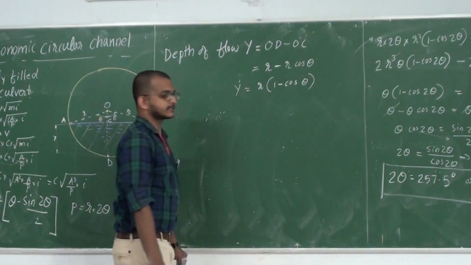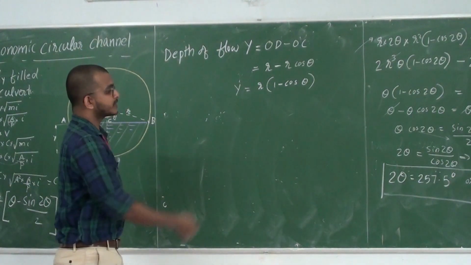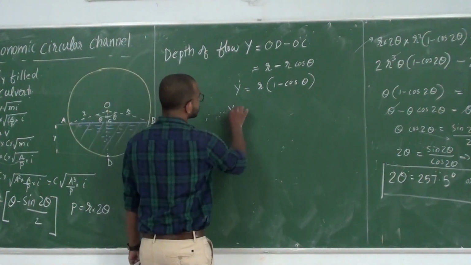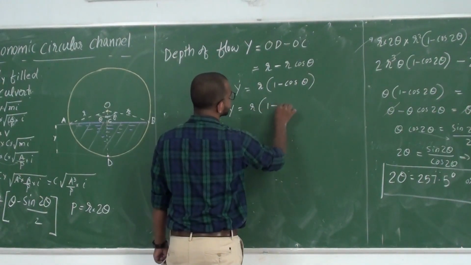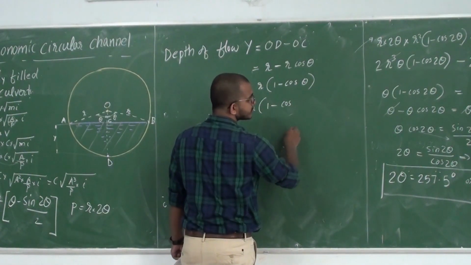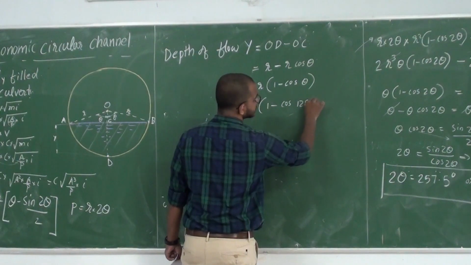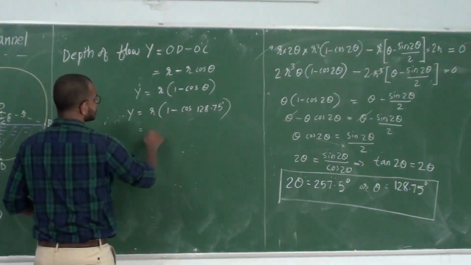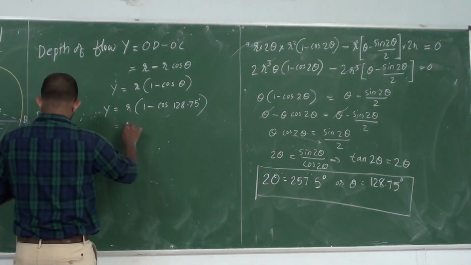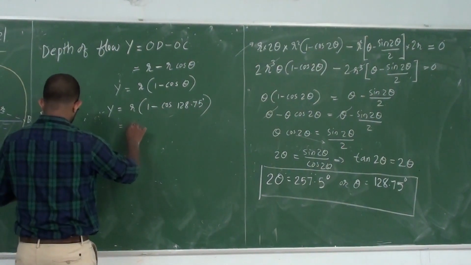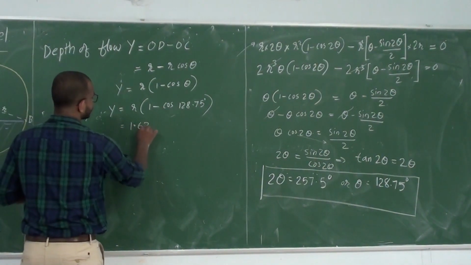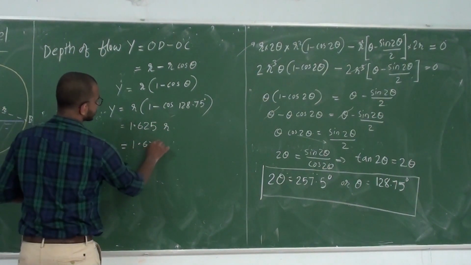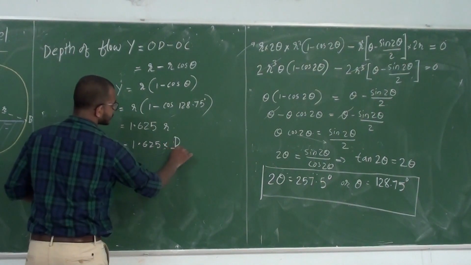So we know that theta is equal to 128.75 degree in order to get the maximum velocity. So y is equal to R into 1 minus cos 128.75 degree. This will yield 1.625 times the radius, which is equal to 1.625 into the diameter by 2.